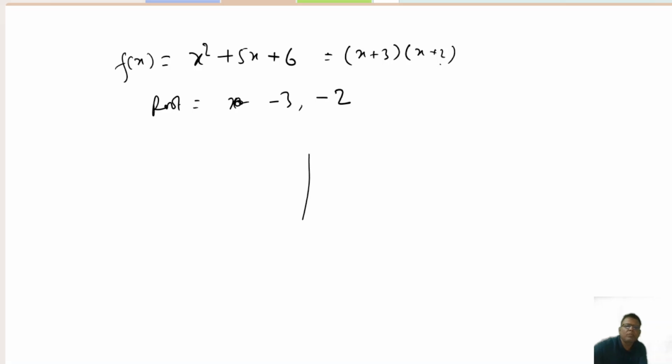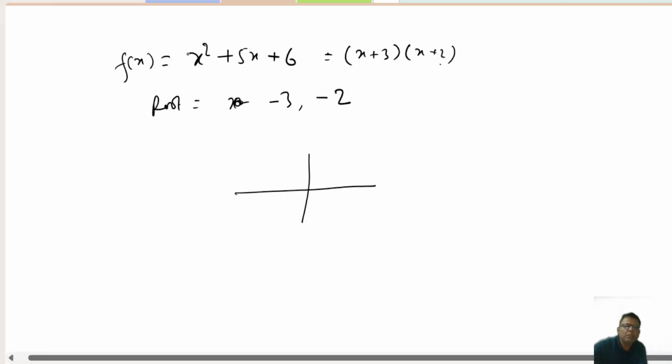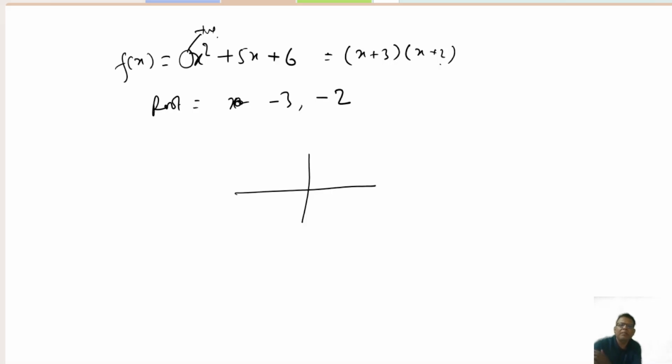So for the graph, the a coefficient is positive, so it will be concave upward and it will cut at two places, minus 3 and minus 2. So minus 3 somewhere here, minus 2 somewhere here. So it will be something like that.